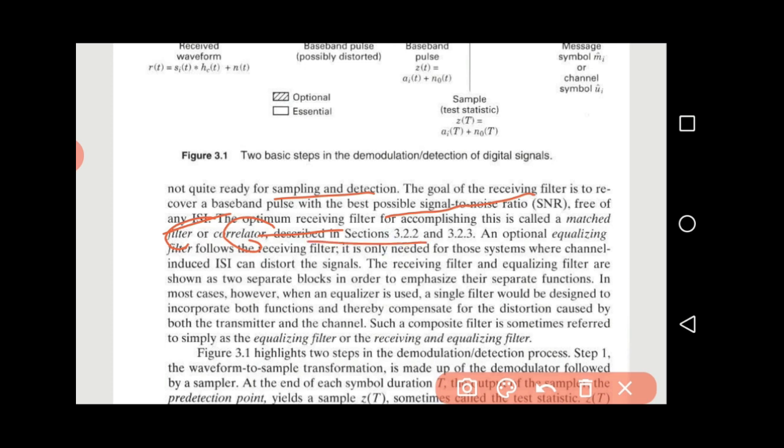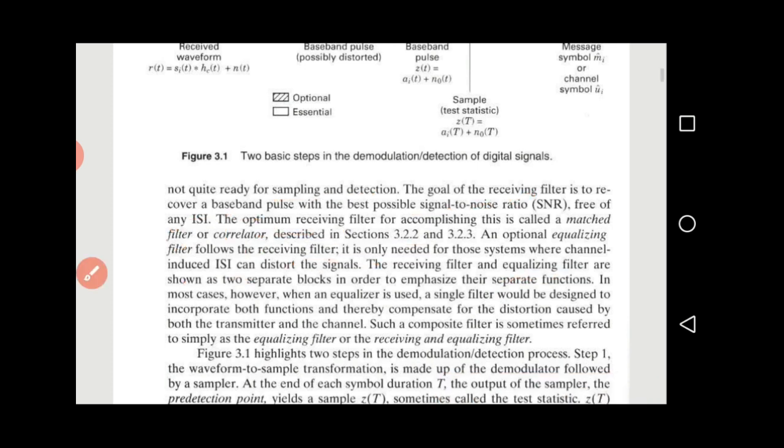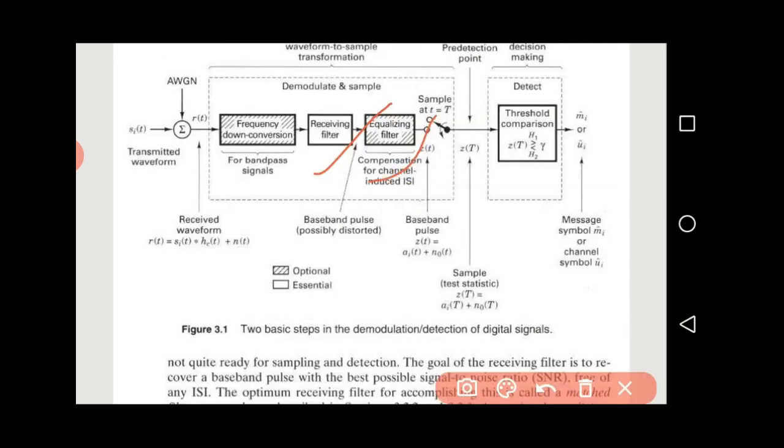An optional equalizer follows the receiving filter. It is only needed for those systems where channel induced ISI can distort the signals. The receiving filter and equalizing filter are shown as two separate blocks in order to emphasize their separate functions. This is the equalizing filter and this is the receiving filter.